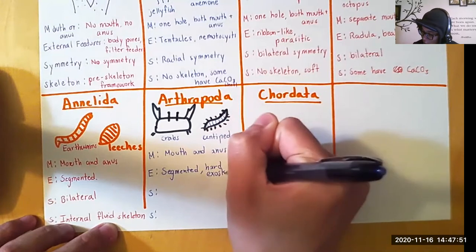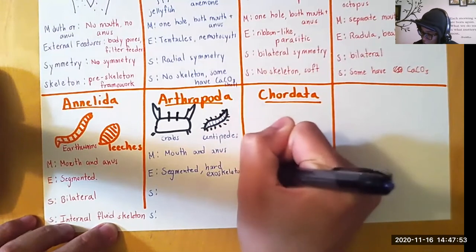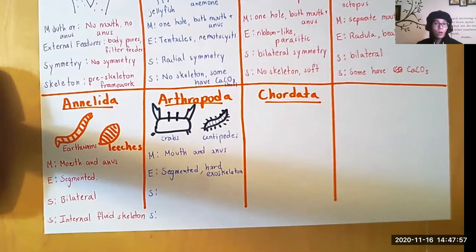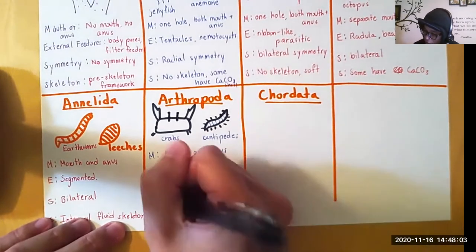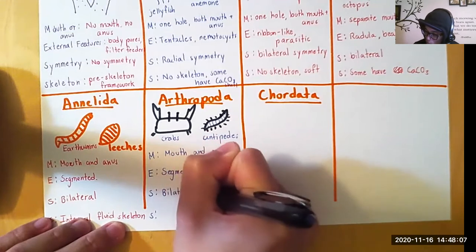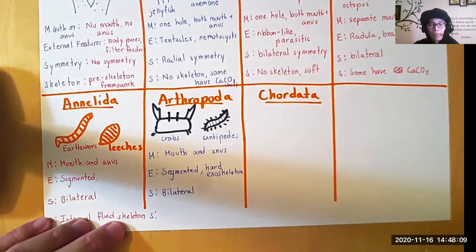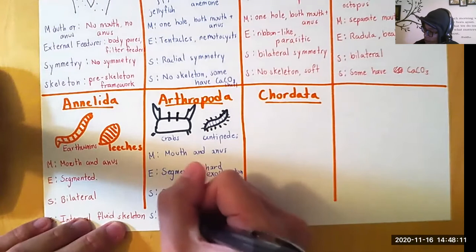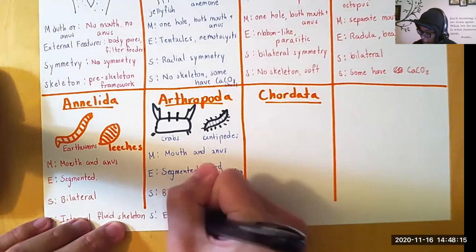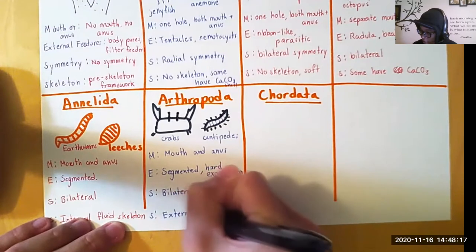Exo meaning outside. So our skeleton is an endoskeleton. It's on the inside, but theirs is an exoskeleton. These organisms are also bilateral. And like I said earlier, they have an external skeleton.